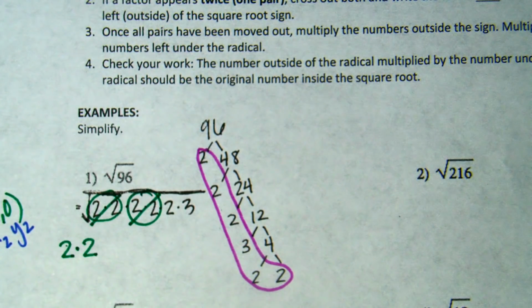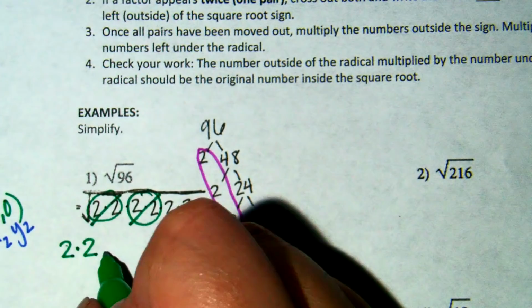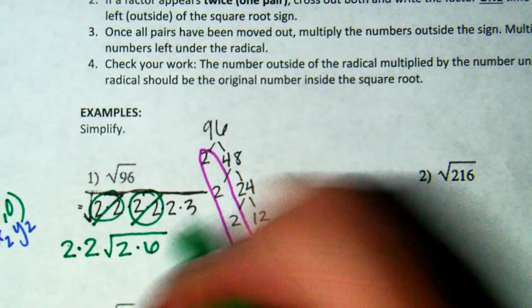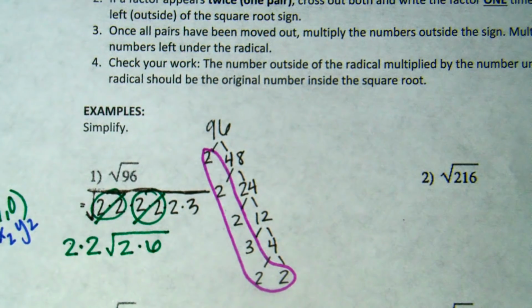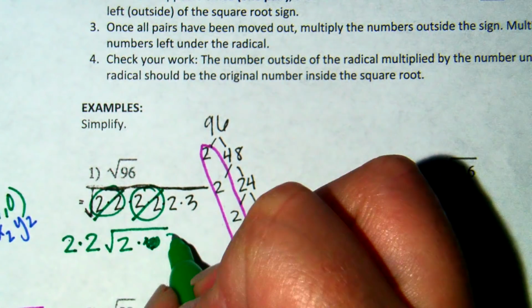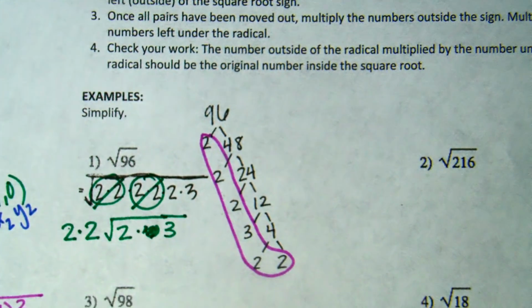Once all the pairs have been moved out, I'm going to rewrite this with whatever's left underneath. That should be a 3. I need more coffee.